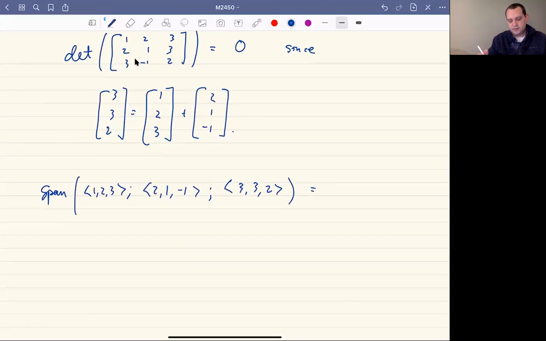It's not going to be three-dimensional space. It'll be just a plane through the origin. You can do the algebra and figure out the equation for that plane if you really feel like it, but geometrically it is a plane through the origin. So these three vectors do not span all of R3.